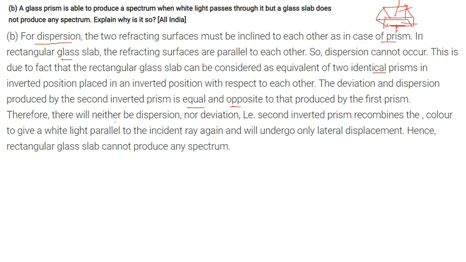Therefore, there will be neither dispersion nor deviation. The second inverted prism recombines the colors VIBGYOR to give white light parallel to the incident ray again, with only a lateral displacement. Therefore, the rectangular glass slab cannot produce any spectrum.